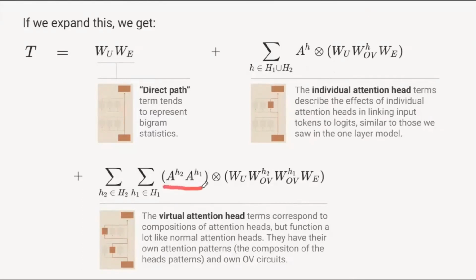They have an attention pattern of their own, which is the product of the two attention patterns. And they have an OV circuit of their own that describes, if they attend to a particular token, what the effect will be. And it's just the product of the first OV circuit and the second OV circuit, or the OV matrices at least. So that's what we had.